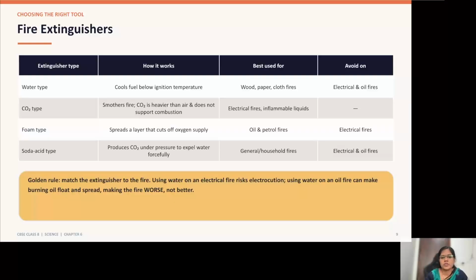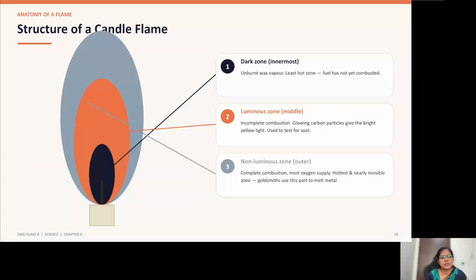Okay, you should never throw water on an electric appliance if it catches fire. You should only use carbon dioxide, or if it is possible you should cut off the power.